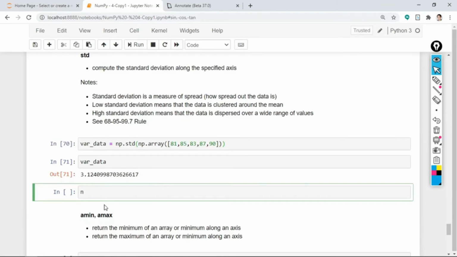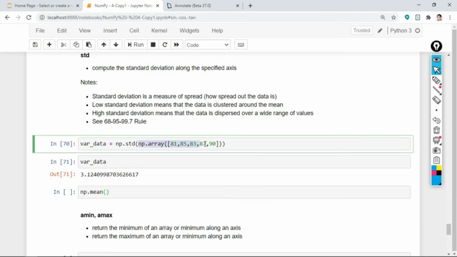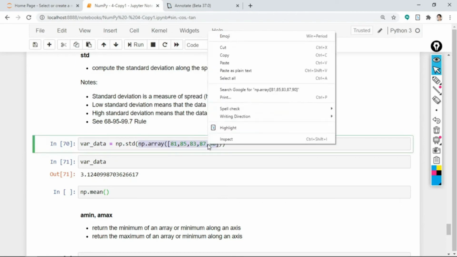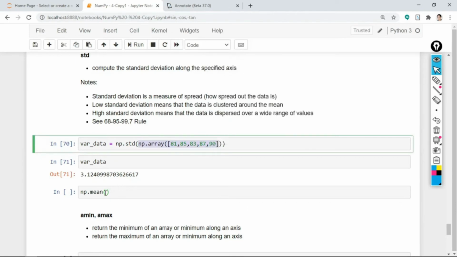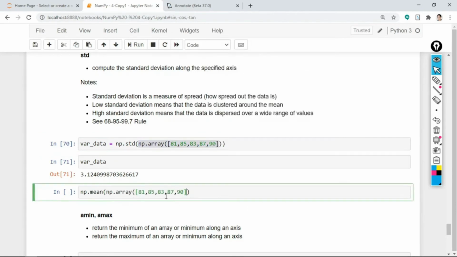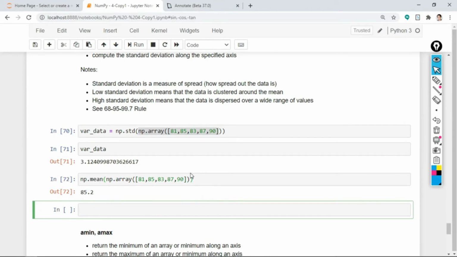So np dot mean. Okay, let's compute this manually. Maybe this is a review for you. Okay, so let's find the mean of this one. So the mean of this one is 85.2.